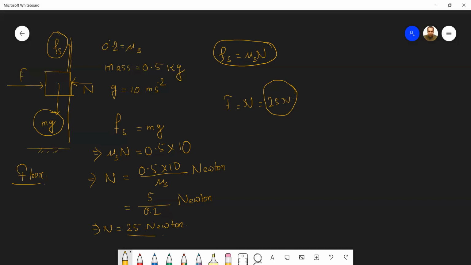Just make this force of friction equal to the weight, use the force of friction formula, and substitute the values, and thereby we can calculate the normal force which acts in a direction opposite to the applied force, but they are equal. So the force is equal to 25 Newton. This much force will be required to make the wooden block adhere to the wall.